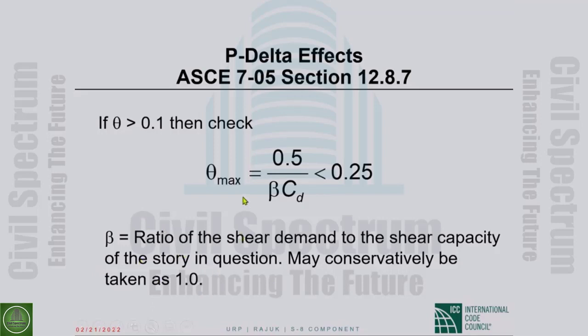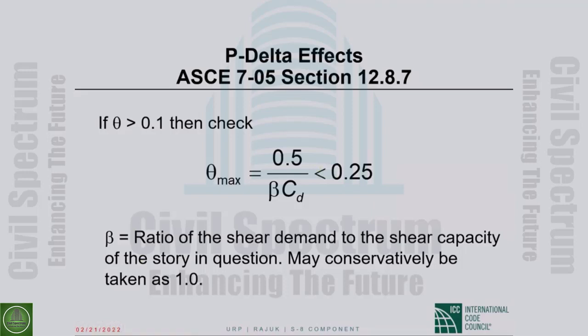So theta, in other words, shall not exceed 0.5 divided by C sub D. Okay, if C sub D is 5, you get the same 10%. Under no circumstances, irrespective of what your beta may be, what C sub D may be, can the ratio exceed 1/4.